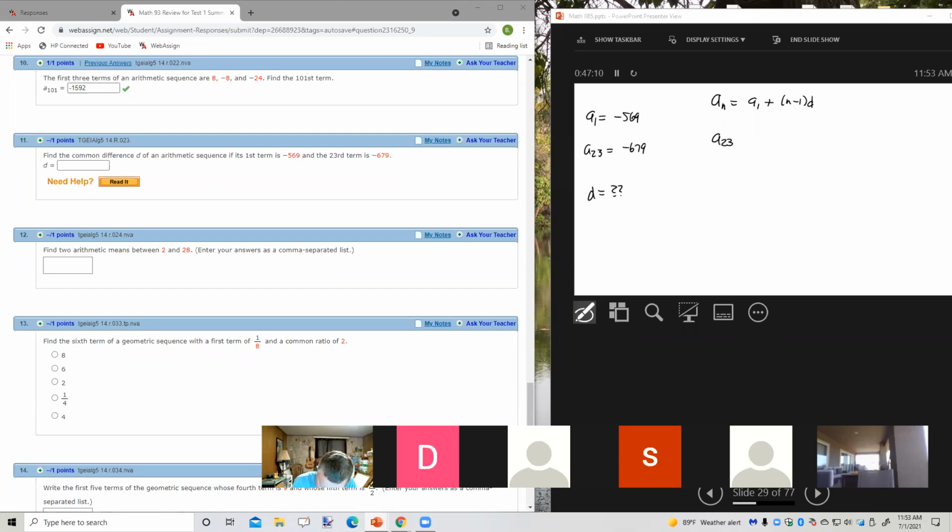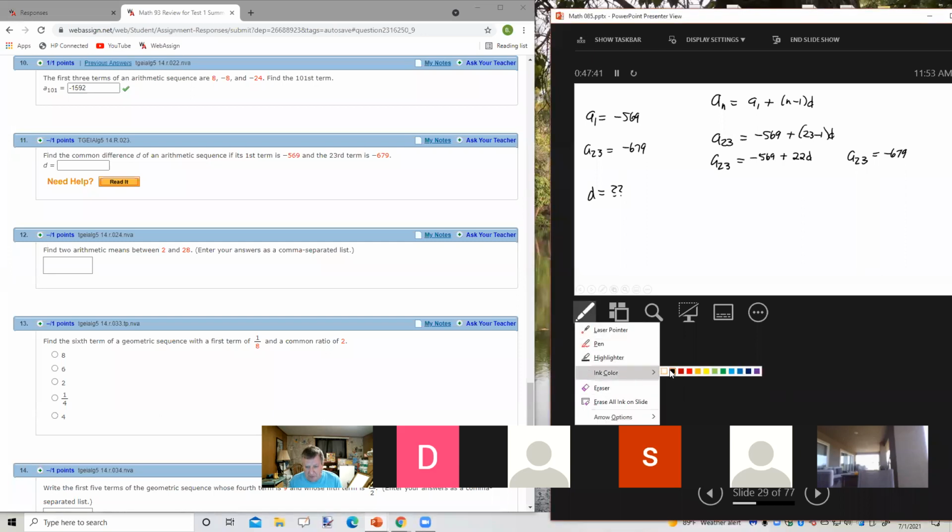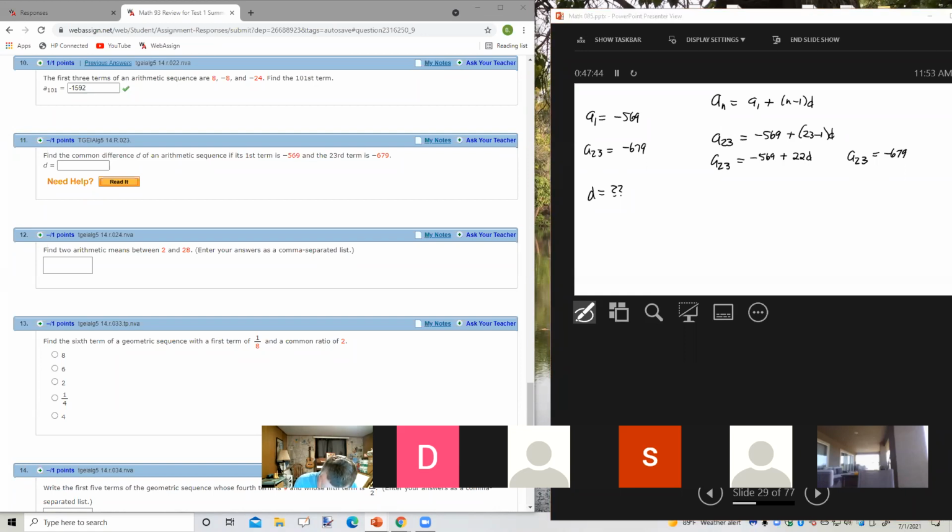So a sub 23 equals a sub 1 plus 23 minus 1 times d. a sub 23 equals negative 569 plus 22d. 23 minus 1. But we also know that a sub 23 is negative 679. So once again, we can create an equation because this equals that. You seeing that?